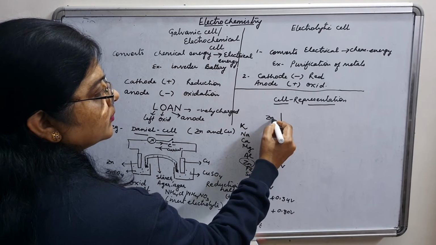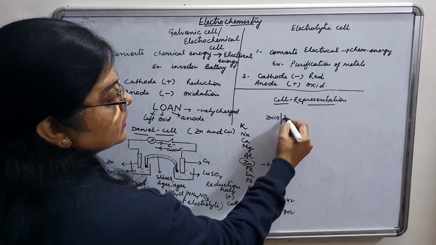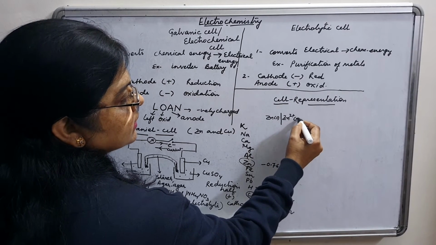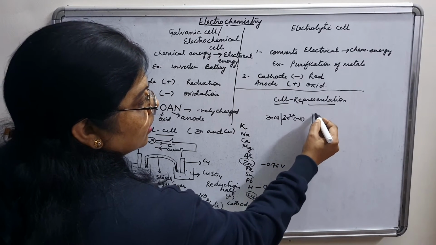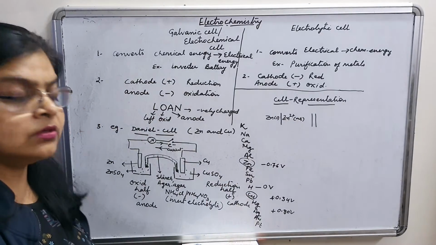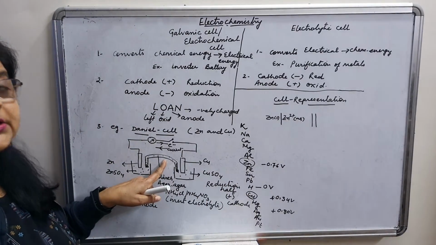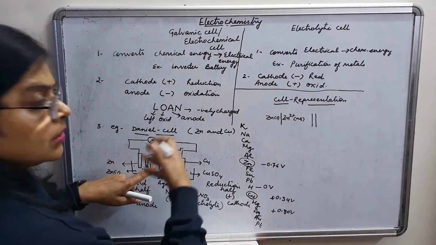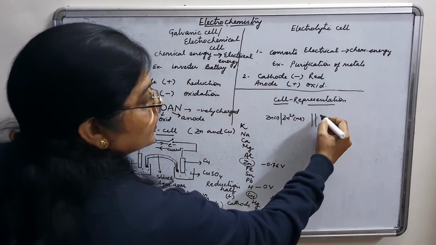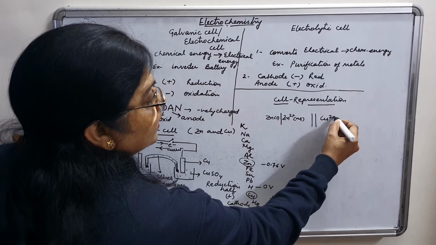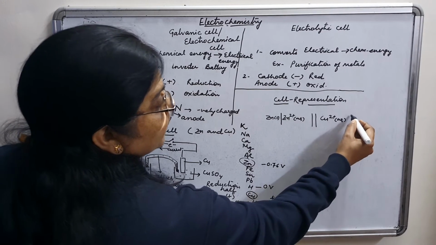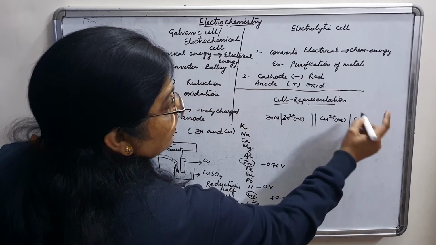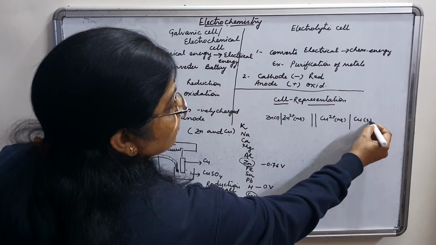Solid zinc outside, zinc ions inside. Then two vertical lines are drawn which are showing this salt bridge. Then the right half, that is copper in the aqueous form, separated by one vertical line, copper in the solid form.